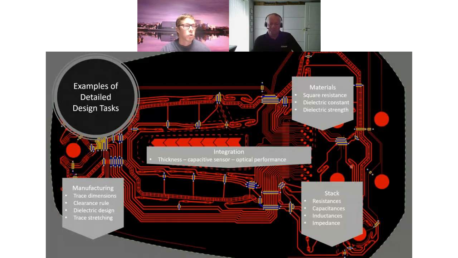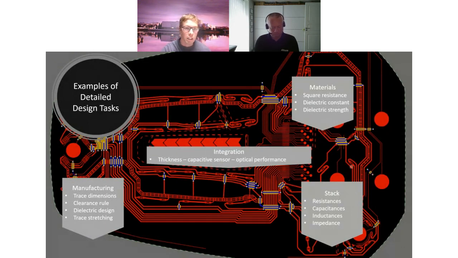And of course, one important design phase is integration design. So we need to design the IMSC product together with other engineers. One interesting design element is the thickness of the part.